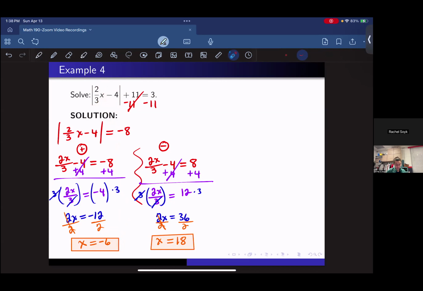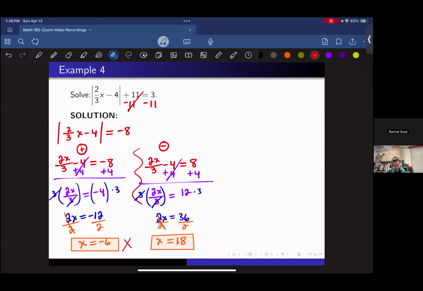And then we have plus 11 is 19. Just want to make sure that I did that correctly. Yeah, I did it correctly. So that does not work.